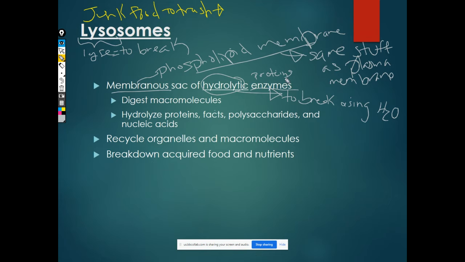So that's literally what's happening here. We're taking large molecules and we're going to break them down, many of which we've all seen before. Proteins, lipids, large carbohydrates, that's what a polysaccharide is.